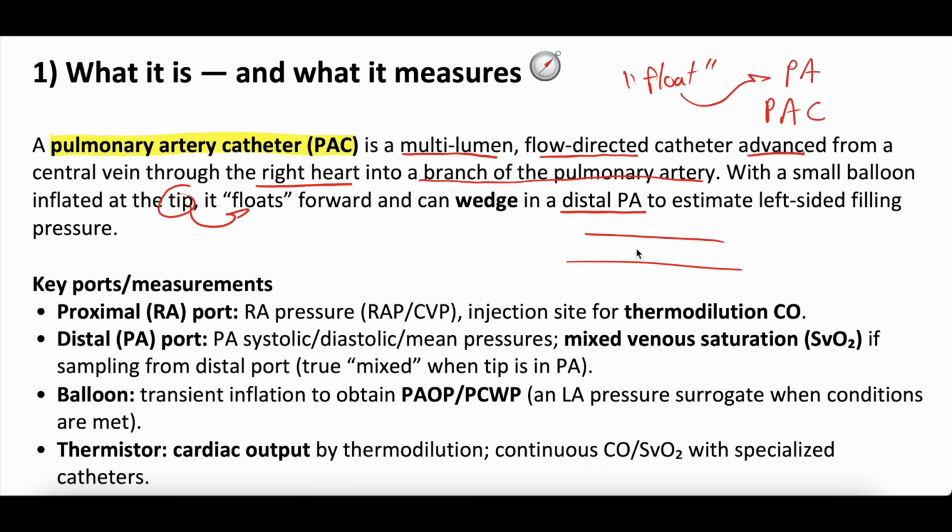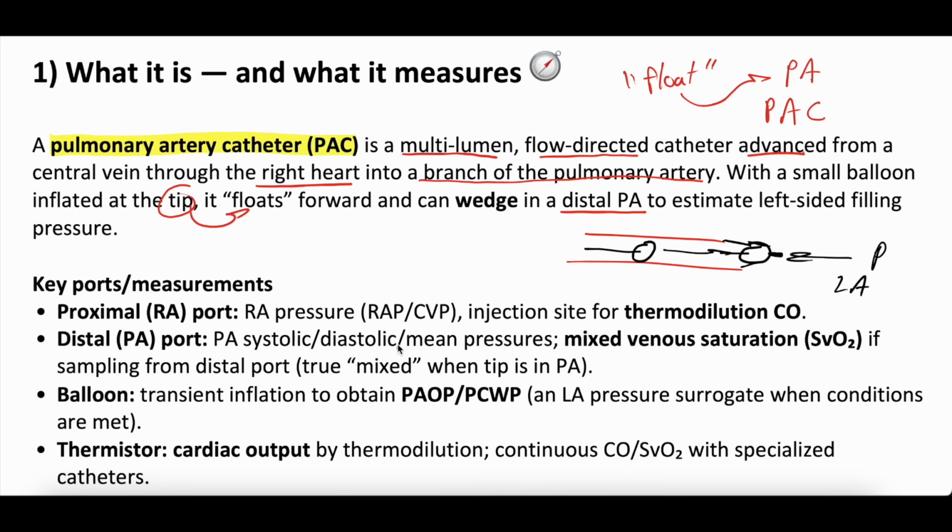You have a pulmonary artery, you have your catheter with a balloon on it, and as you advance it, as that pulmonary artery gets smaller and smaller, that balloon will eventually wedge in that pulmonary artery, and there's a portion of the catheter on the other side of the balloon that then can transduce pressure on the other side of that pulmonary artery, which we'll talk about what that means, because it helps you estimate the left-sided filling pressures, right? Those left atrial pressures. Again, we'll get into that more.